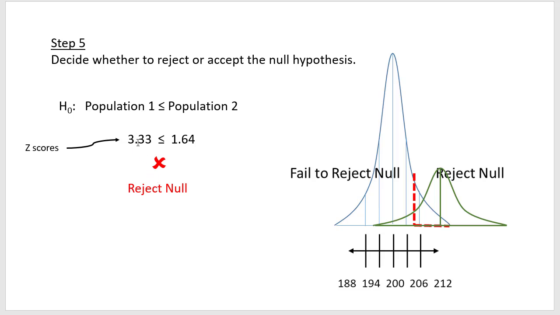So in this particular case, our sample z-score is 3.33. The cutoff z-score is 1.64. Is 3.33 less than or equal to 1.64? The answer to that is no. 3.33 is not less than 1.64. So we reject this statement, which means that we reject the null hypothesis.